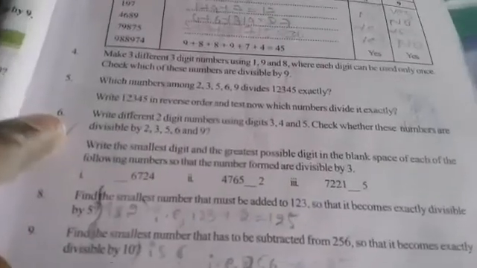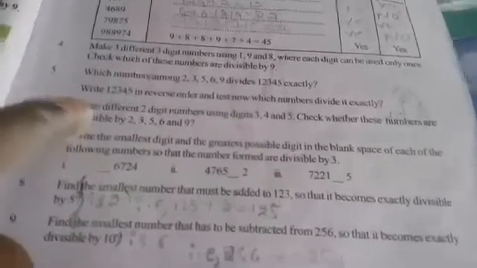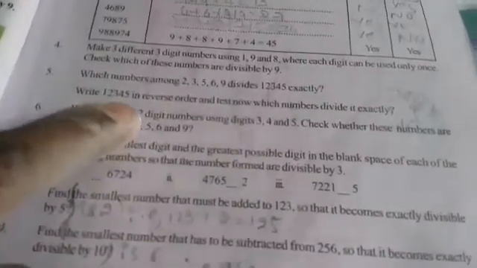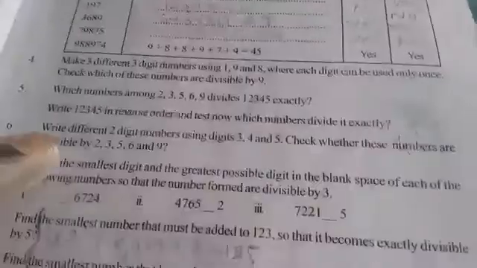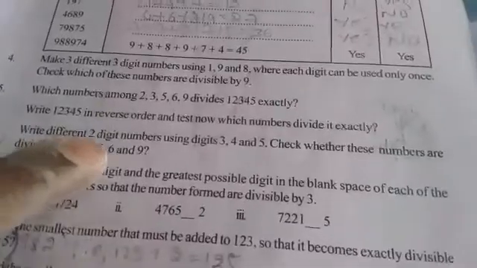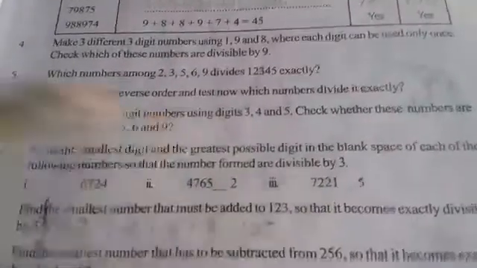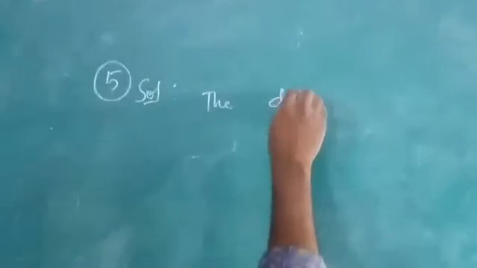Children, the sixth problem is also the same as this, but I'll explain here. Write different two-digit numbers using 3, 4, 5. So we have to make two-digit numbers using 3, 4, 5 and check whether these numbers are divisible by 2, 3, 5, 6 and 9. Different two-digit numbers.